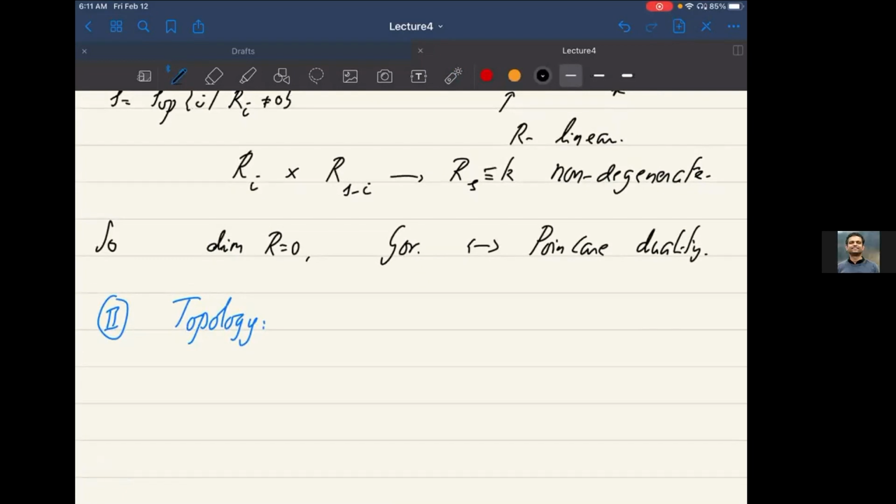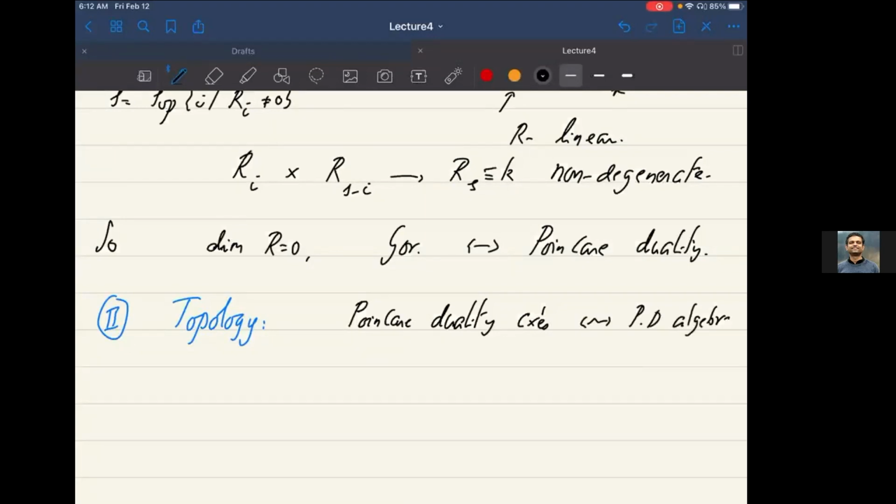So where was I going? Yes, I was trying to say that, last time we saw that in the topological world, we have this notion of Poincaré duality complexes, or complexes with Poincaré duality, which are the analogues of Poincaré duality algebras.